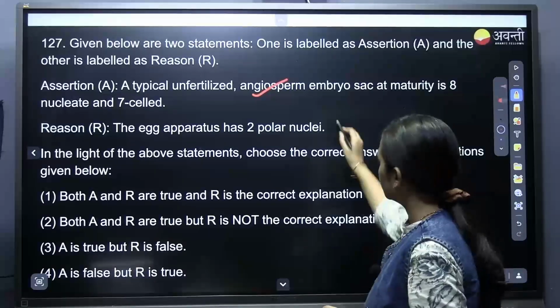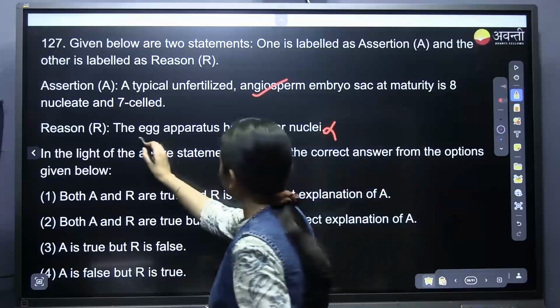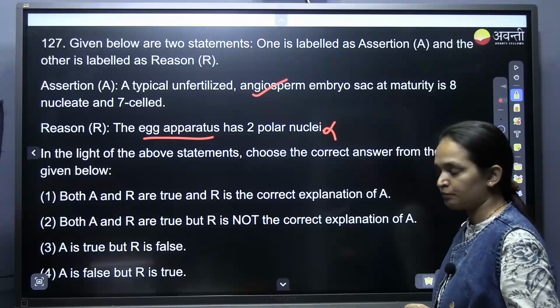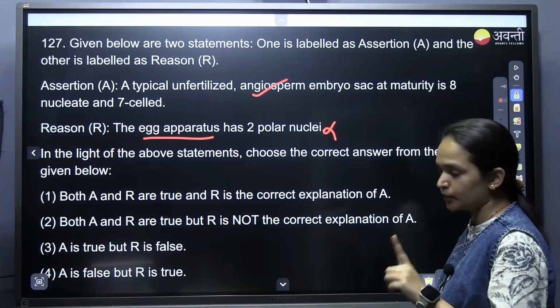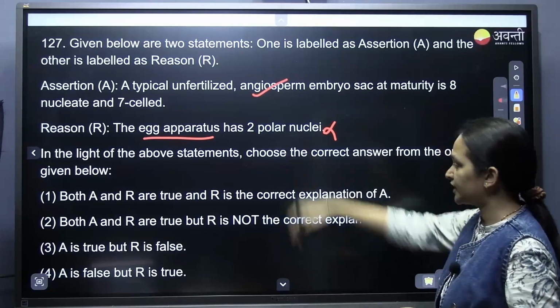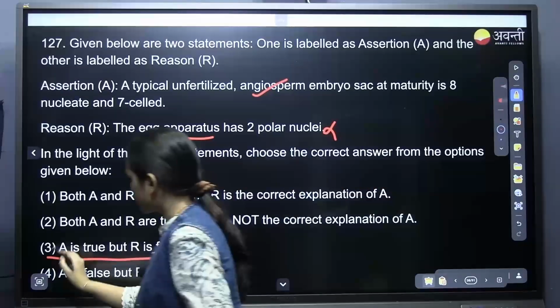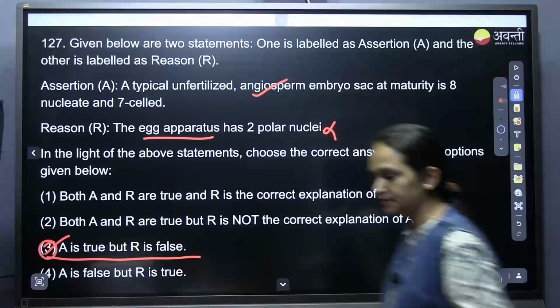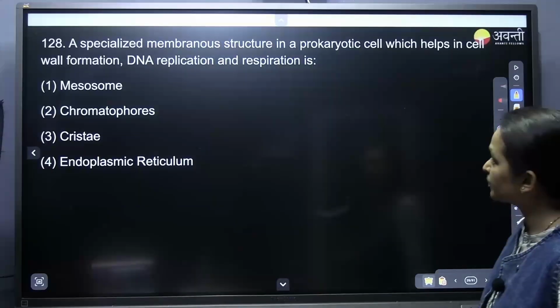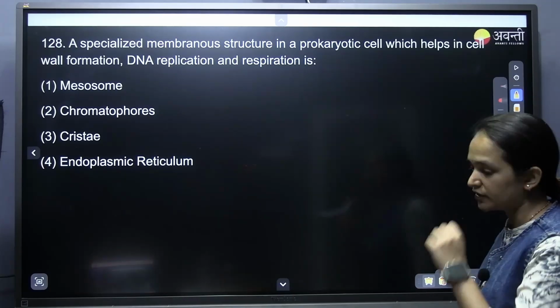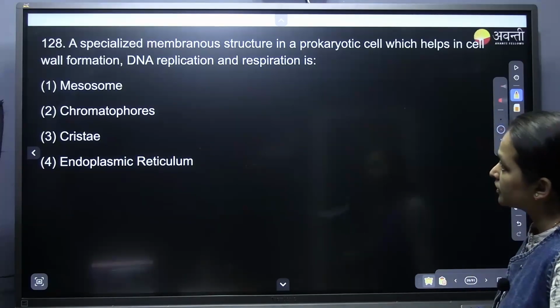No. What does the egg apparatus have? One egg and 2 synergids, which means the reason is wrong. So A is true, R is false. C is the correct answer. Very good, Sakshi. Kiran also, you gave the right answer, Kiran.